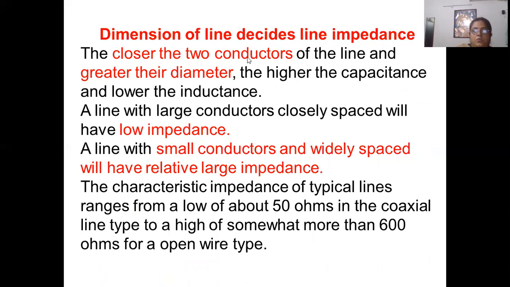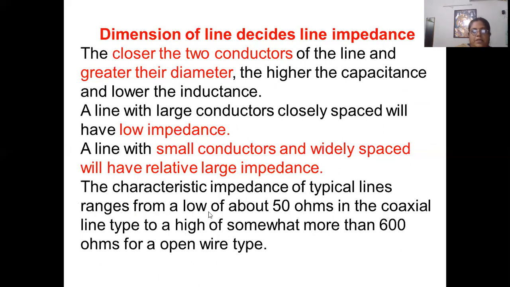The closer the two conductors of the line, the greater the capacitance and the lower the inductance. A line with large conductors closely spaced will have low impedance, and a line with small conductors widely spaced will have relatively large impedance.